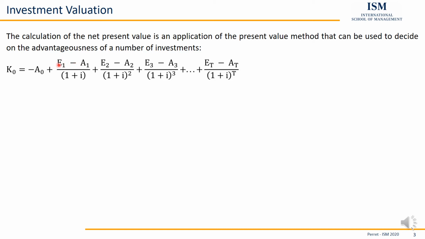So every time earnings minus costs, or revenues minus costs, discounted back to the present. After the first period, I'm discounting once. After the second period, discounting twice. After the third period, discounting 3 times. And so forth until I'm at the end of my cash flow.